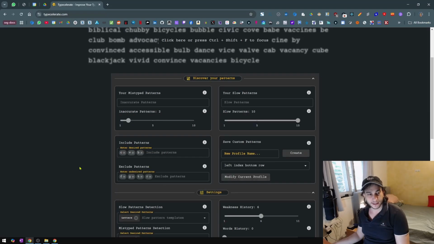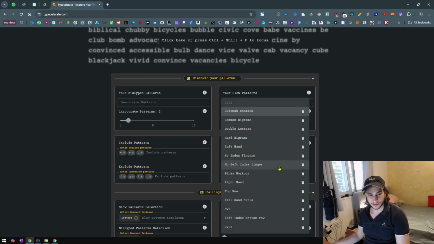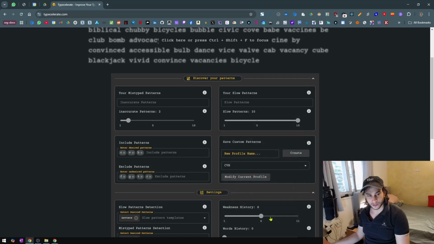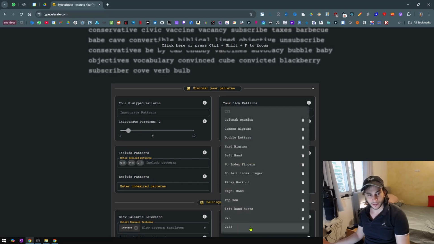Now let's assume that we don't like this name, left index bottom row, and we want to call it, I don't know, CVB2. So we can create a new profile called CVB2, which is exactly the same as the left index bottom row, and we can delete this one, right? So now we can switch between CVB and CVB2.